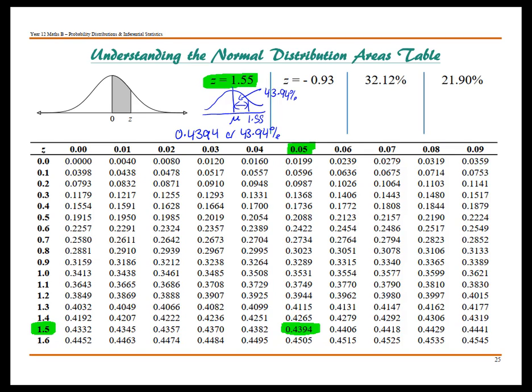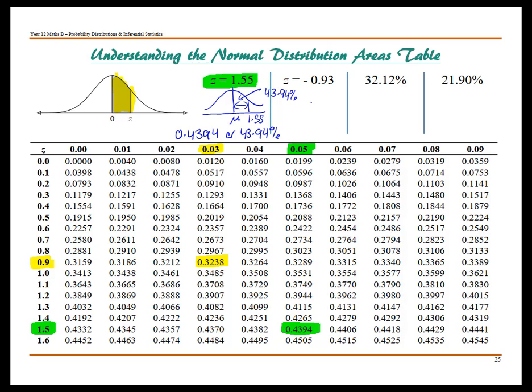Okay, in the next one, which is negative 0.93, I go down. Now, note it's symmetrical, so it doesn't matter if they're positive or negative. The table is all in positive. So you can see by this diagram here, it's always giving us a proportion between the mean and our Z-score. So the proportion for negative 0.93 would be exactly the same as a proportion for 0.93. So I go down the left-hand side to 0.9 and I go across to 0.03. So this proportion here represents negative 0.93.